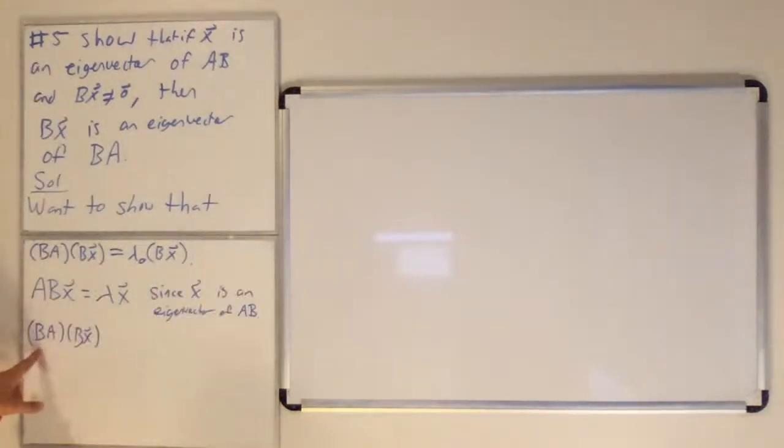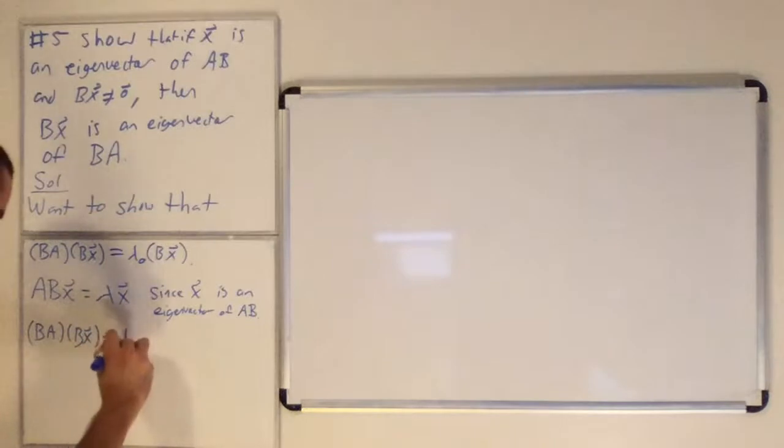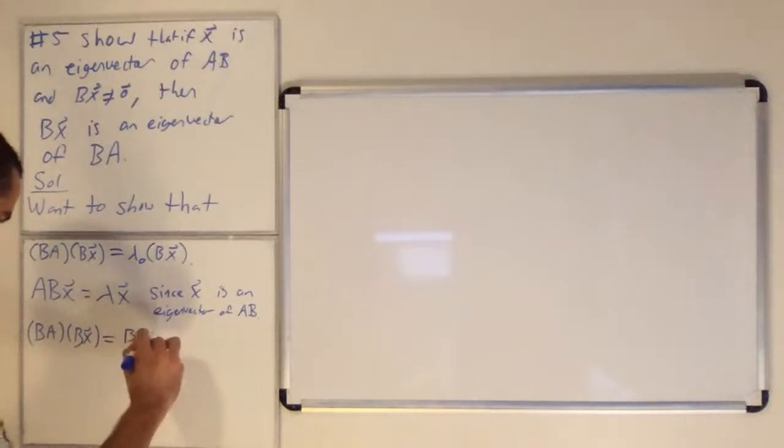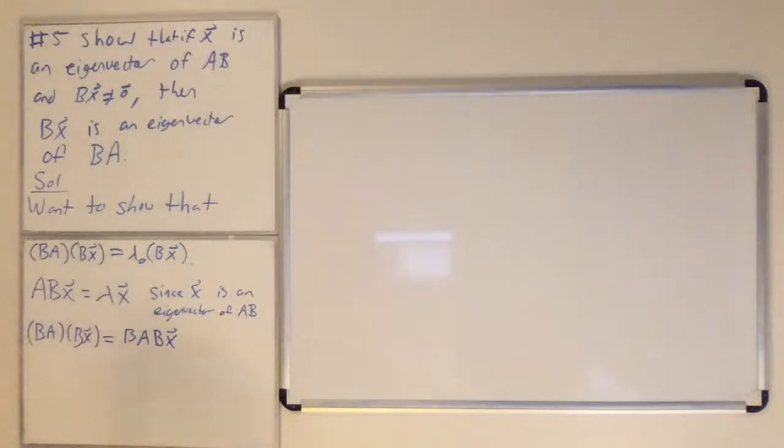Okay, well, this is a matrix times a matrix times a matrix times a vector. We have properties of matrix multiplication that say we don't really need these parentheses. It doesn't matter which order we do this. So this is really equal to the matrix B times A times B times x. All I did was just remove the parentheses.